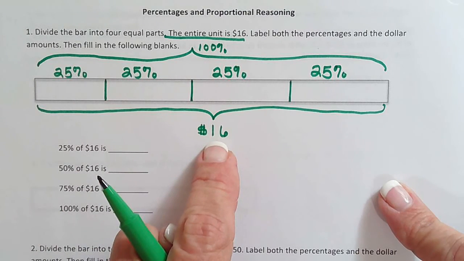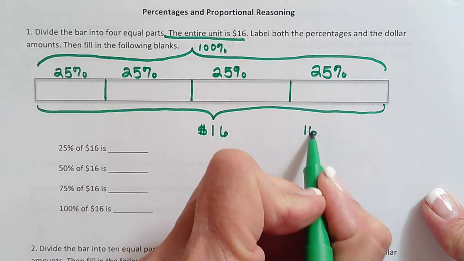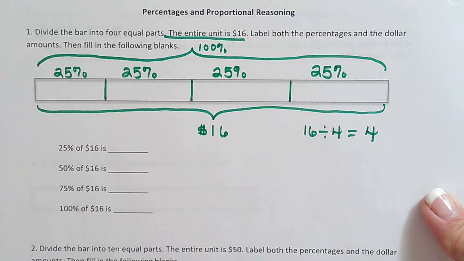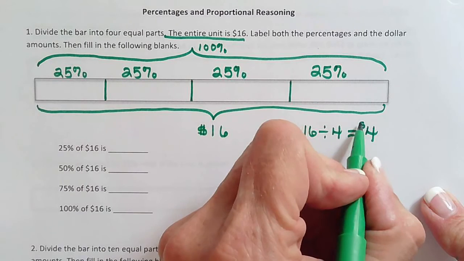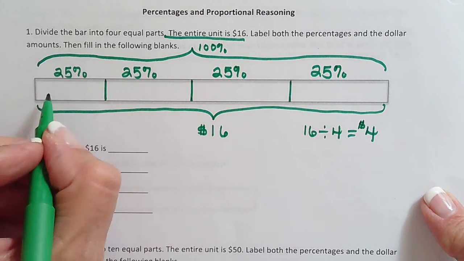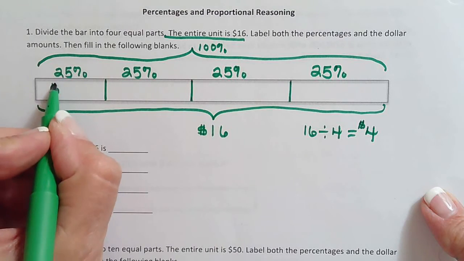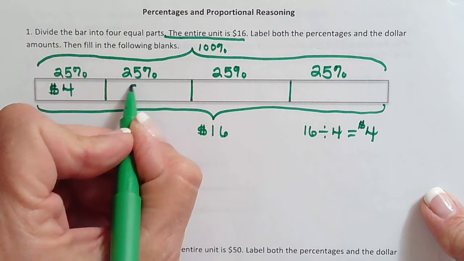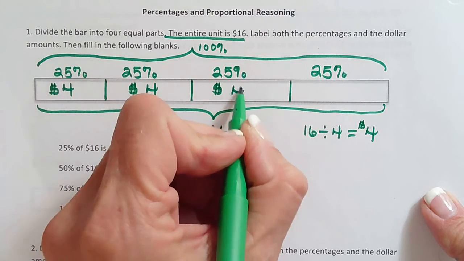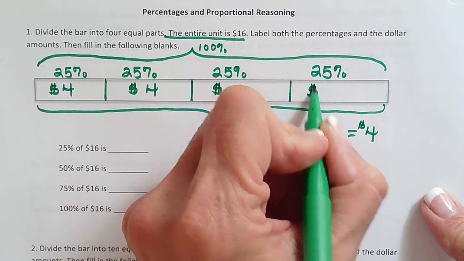So we need to divide 16 into 4 equal pieces, right? So 16 divided by 4 is 4. So do you all agree that that would mean each piece is $4? So if the whole thing's 16, this is $4. This piece is $4. This piece is $4. And this piece is $4.